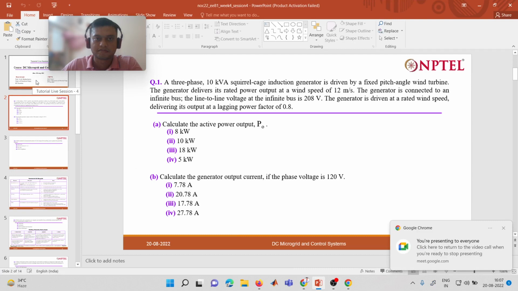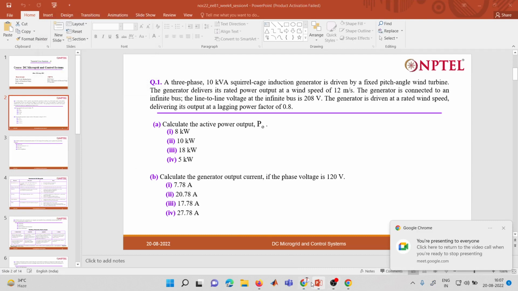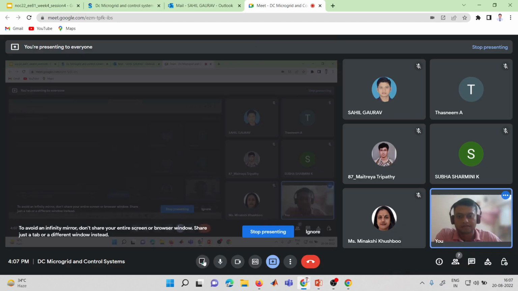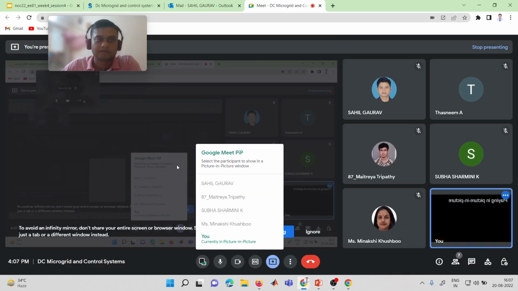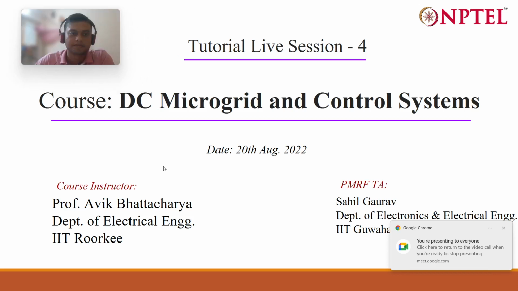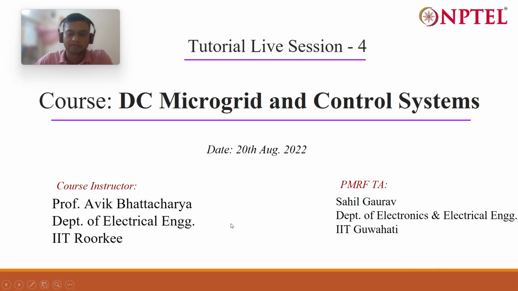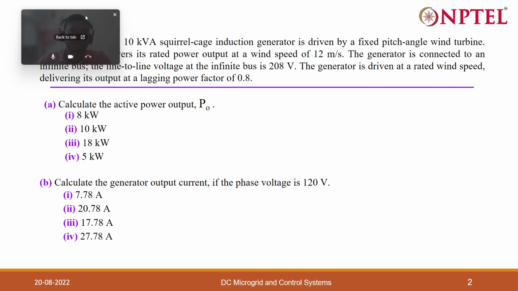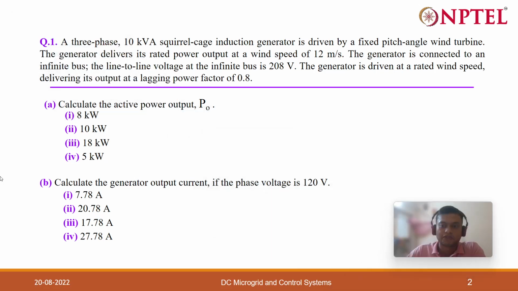So let us see the first question. The first question is, a 3-phase 10 kVA squirrel cage induction generator is driven by a fixed pitch angle wind turbine.